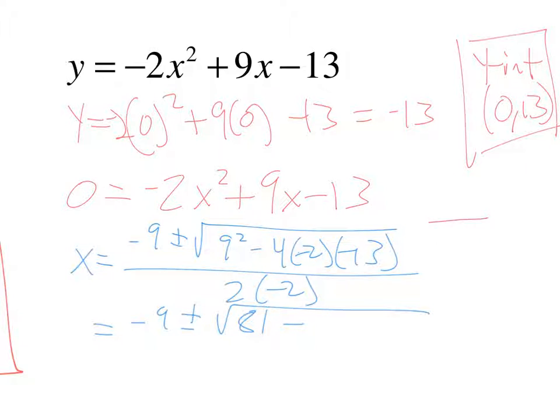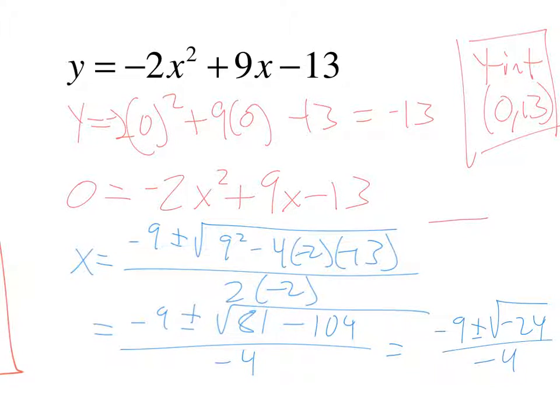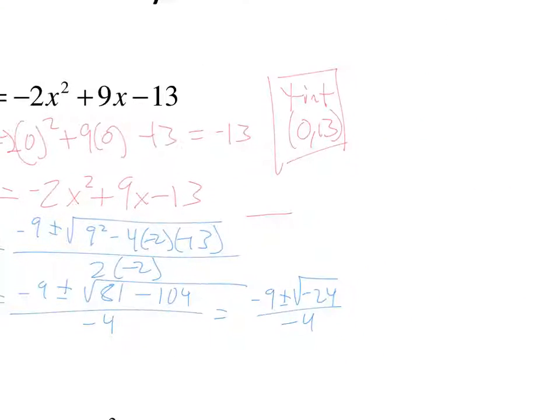That's a negative. All right, and so 8 times 13, that would be 80, and oh, we just did that, 104, right? Well, we're going to run into a negative number underneath here. Remember, that's our discriminant. So plus or minus, and we've got the square root of negative 24, and that tells us that there are no real solutions. Since there's no real solutions, there's no x-intercept.